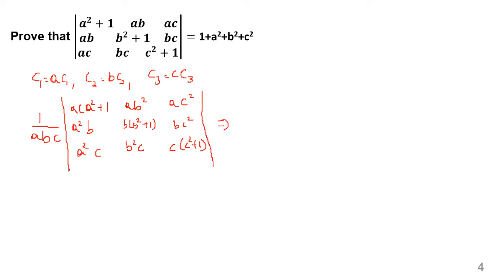Next, we'll take the common term outside for each row. So in the first row A is common, in the second row B is common, in the third row C is common. So we can write it as A into B into C divided by A into B into C. The first row we have taken A outside, so we'll get a square plus 1, b square, c square.